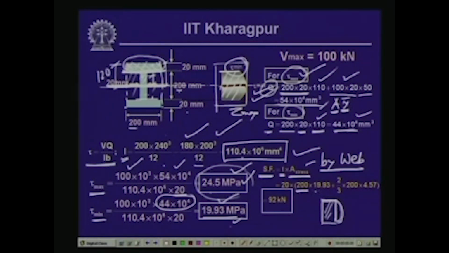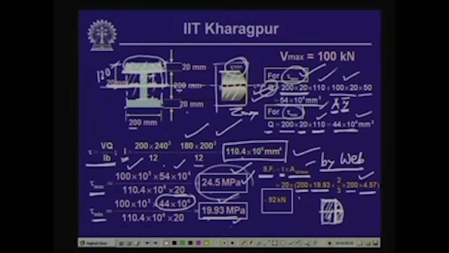So, 200 times 19.93, the minimum value of the shearing stress, is this rectangular area, and this parabolic area will be 2/3 of this height times this distance. This distance is tau maximum minus tau minimum, that means 24.5 minus 19.93 gives us 4.57. So, 2/3 of 200 times 4.57 is the area of this parabolic part.